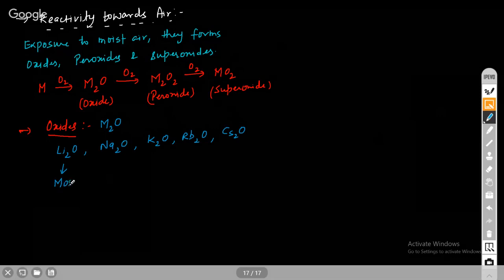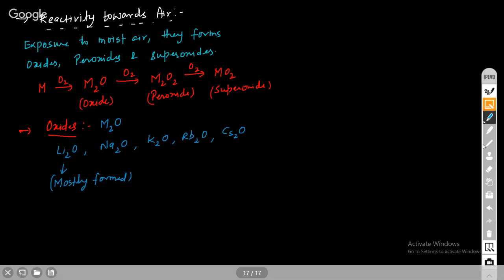Mostly lithium forms these oxides. A little bit of sodium also forms these kinds of oxides, but generally these oxides are very rare to form. Mostly if they ask you which element forms oxides, we'll go with Li2O. To some extent sodium also forms it, but very rarely.